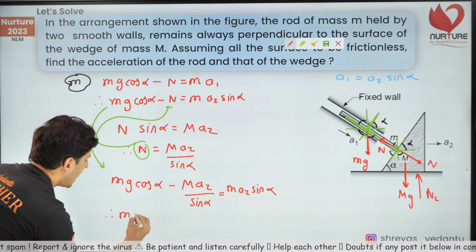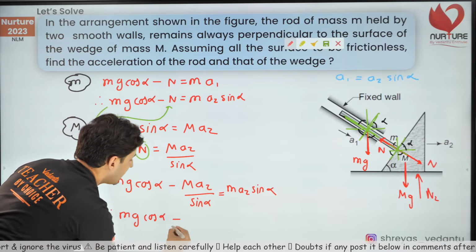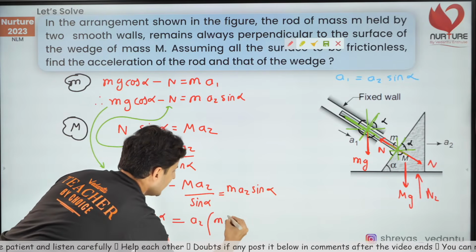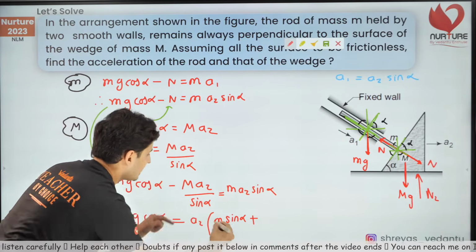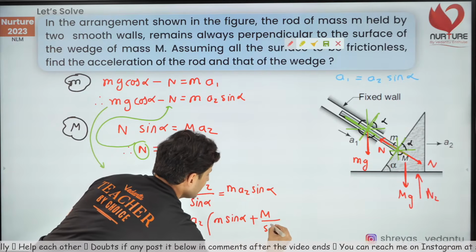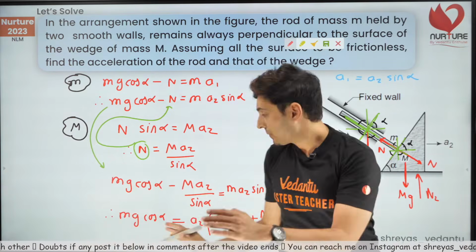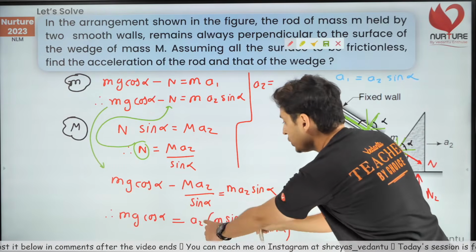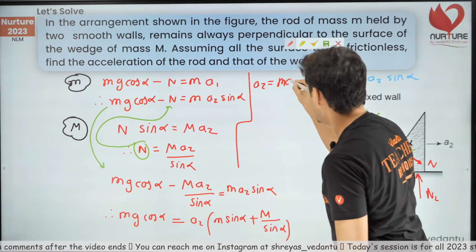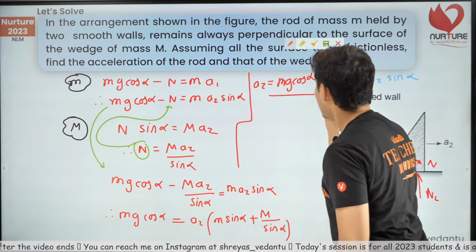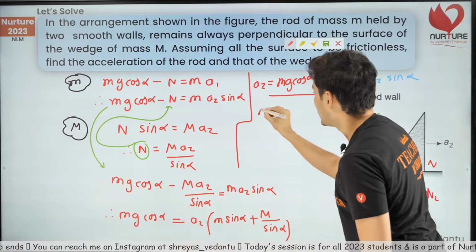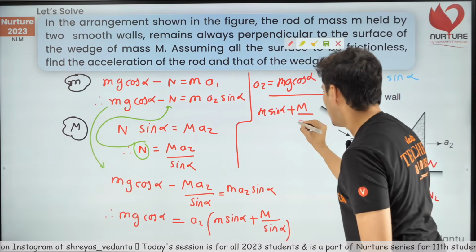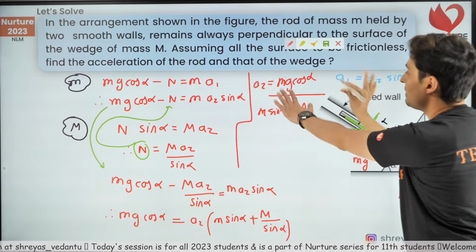So what do we get? mg cos alpha is equal to, a2 is common, small m sine alpha plus capital M by sine alpha. Now I want a2, right? So a2 will be mg cos alpha divided by this whole thing, which is small m sine alpha plus capital M by sine alpha. So that is the value of a2.